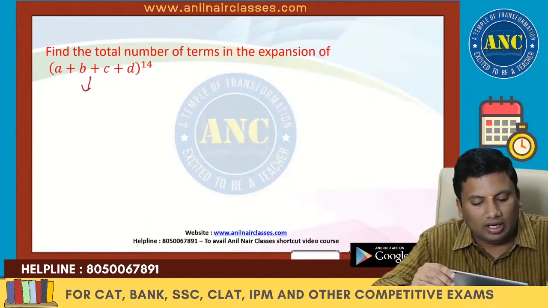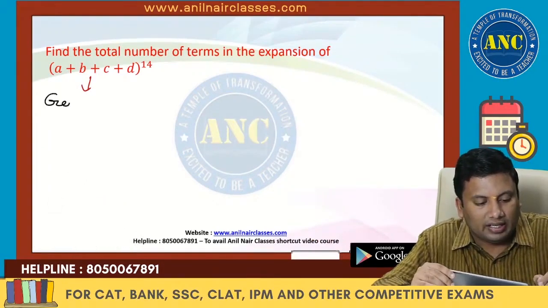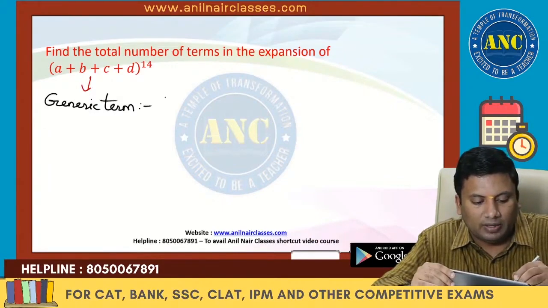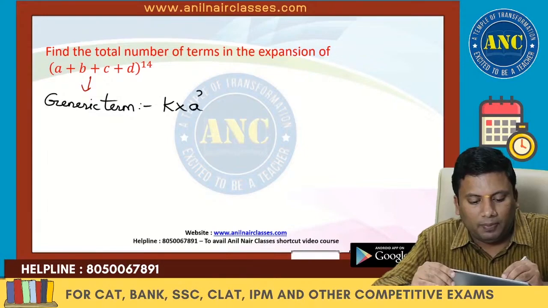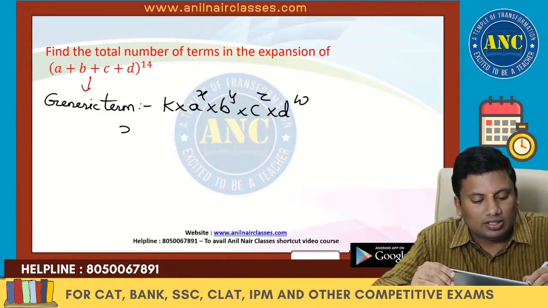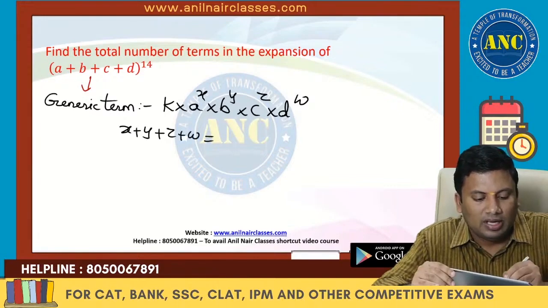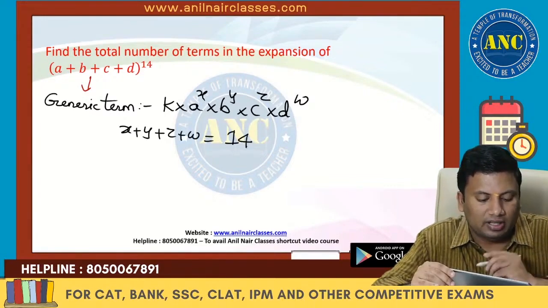Find the total number of terms in this expansion. First, we will write the generic term. Generic term is nothing but k into a power x, b power y, c power z, d power w. Sum of the powers x plus y plus z plus w is equivalent to the power given in the question.